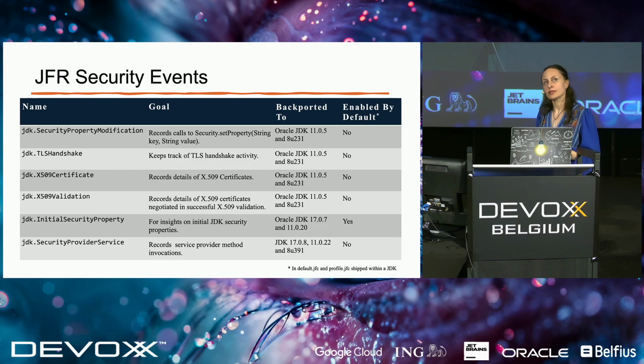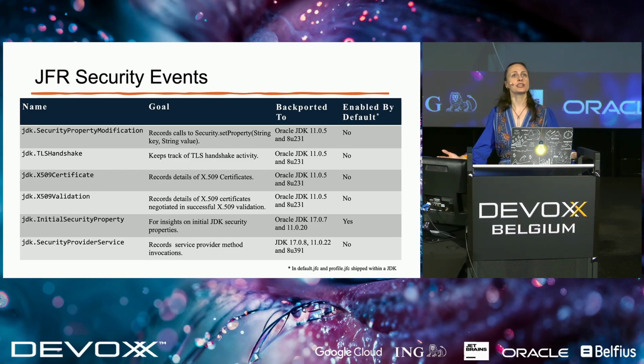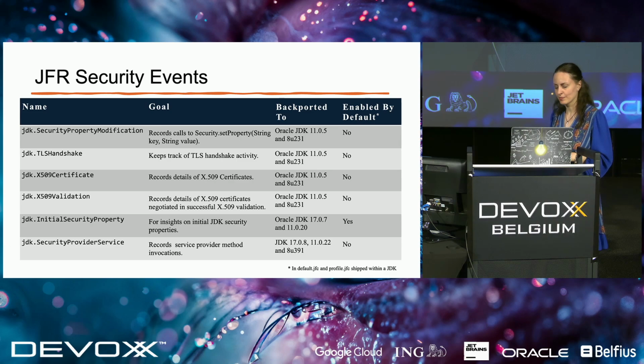Then there's another one that looks into successful TLS handshakes. Those successful TLS handshakes can be recorded with JDK TLS handshake once you have enabled it. Similarly, for successful validation of X509 certificates, we have X509 validation, and X509 certificate gets information about the certificate itself, and we're going to see which information.